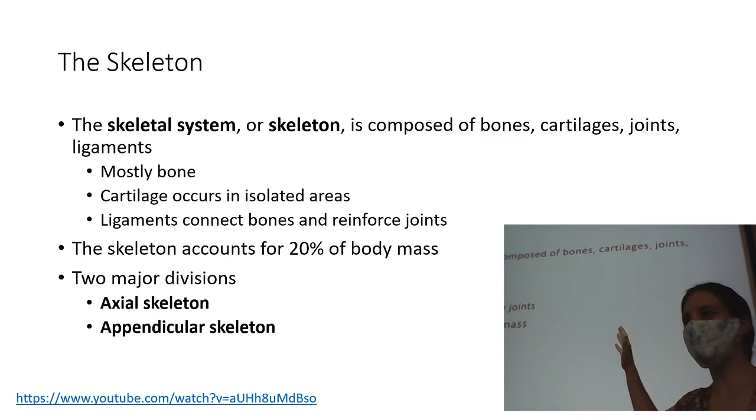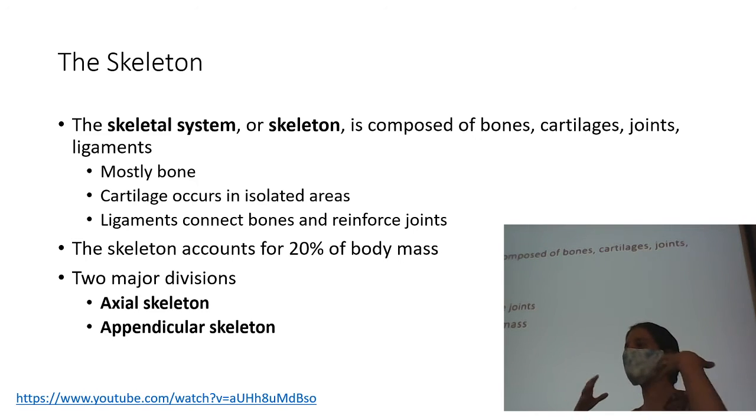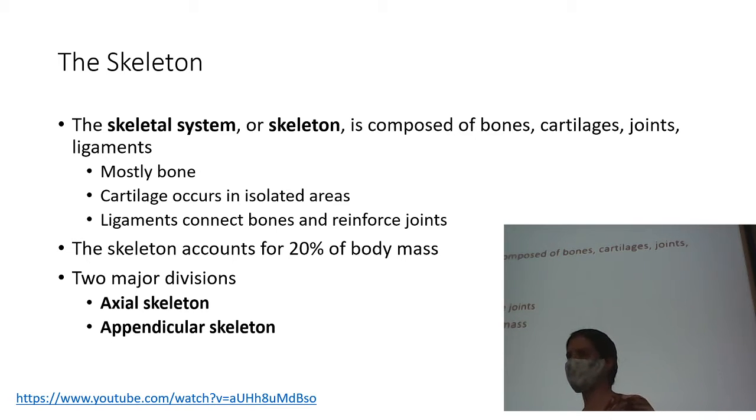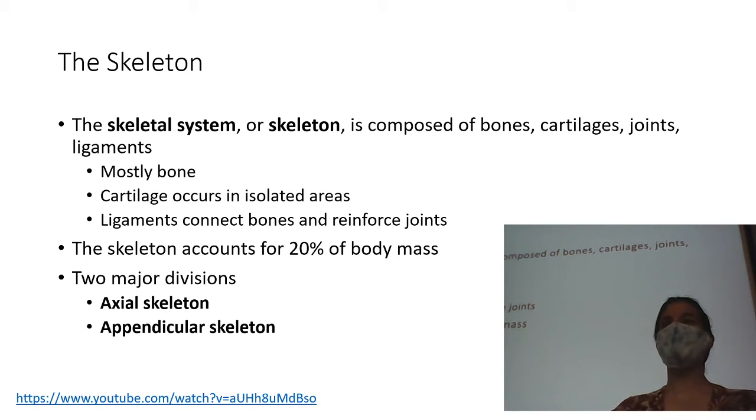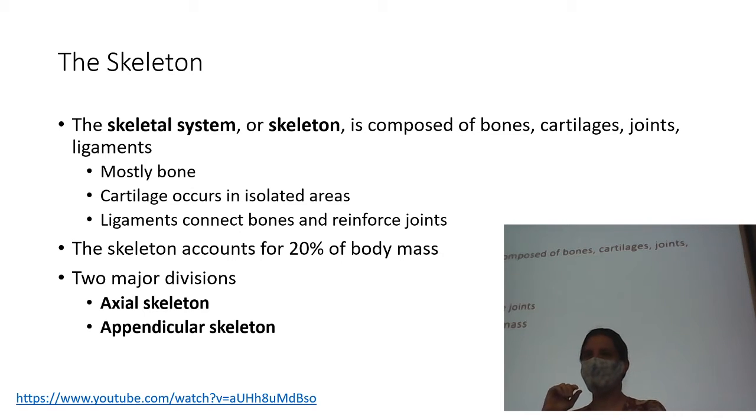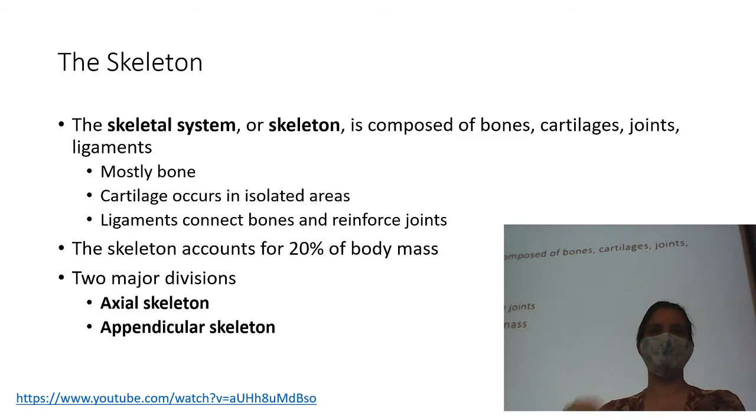Okay. So the skeletal tissue, the skeletal system as a whole, it's gonna be bones. It's gonna be cartilage. It also counts as joints and the ligaments. I was way older than I should have been before I realized that joints were called that because they join bones.